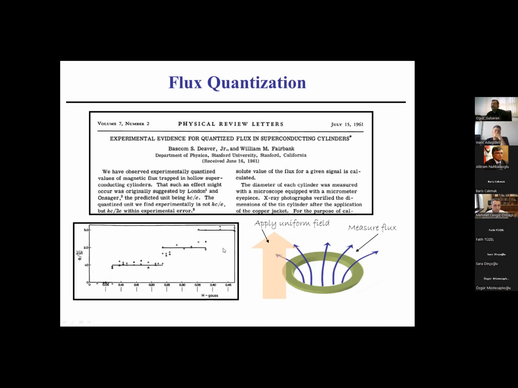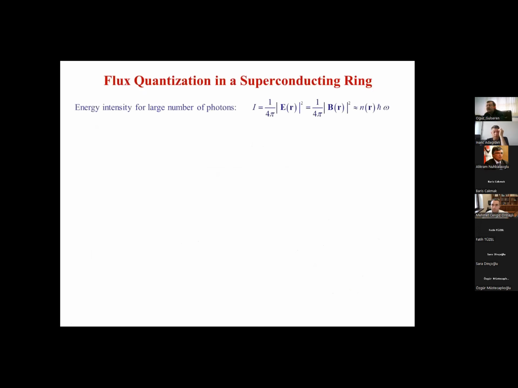If you look at the magnetic flux passing through this ring, you see this data plateaus. So there is a quantization of this flux in terms of the unit hc over 2e, where 2e is the charge unit for the Cooper pair. This is one way, apart from the gap experiment.